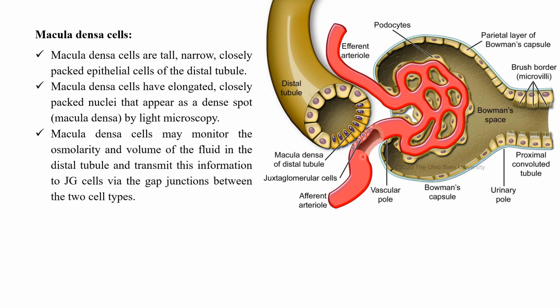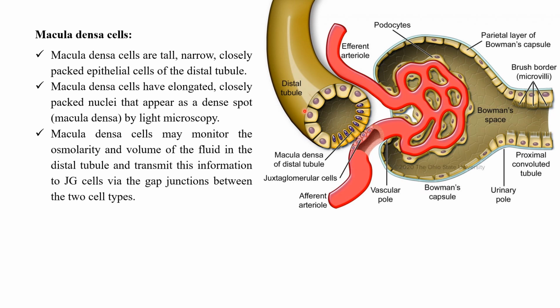The macula densa cells may monitor the osmolarity of the blood and the volume of the fluid in the distal tubule and transmit this information to the JG cells via the gap junctions between the two cells. So though these two cells have different origins and different functions, they are interconnected by gap junctions.